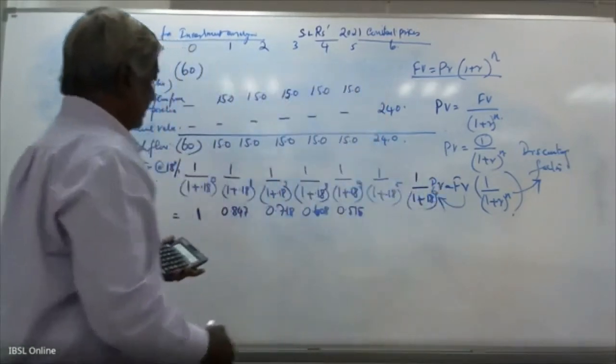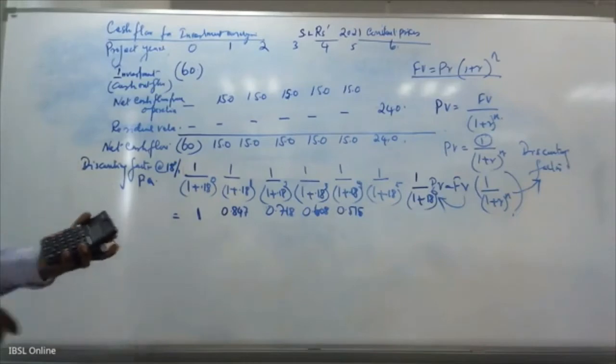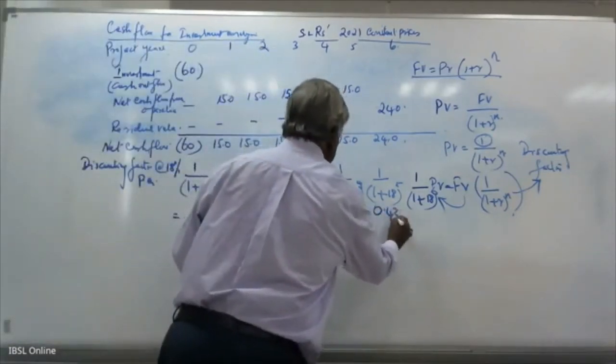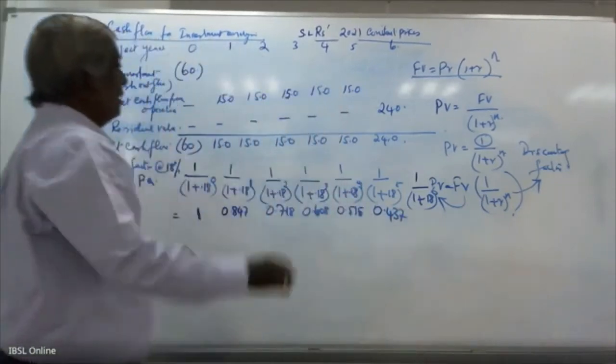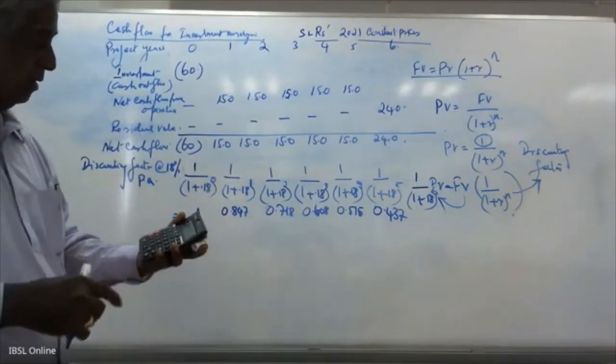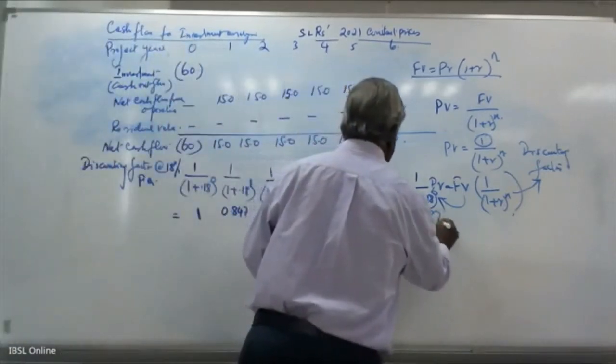Right. So again divide, equal sign, 0.437. Again dividing, equal sign, 0.370.